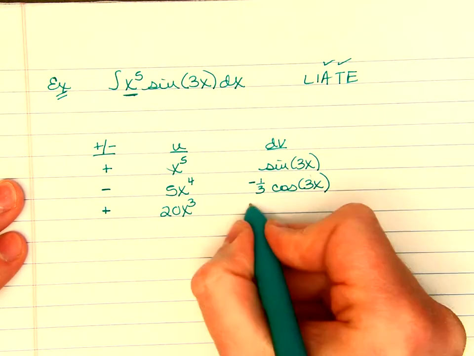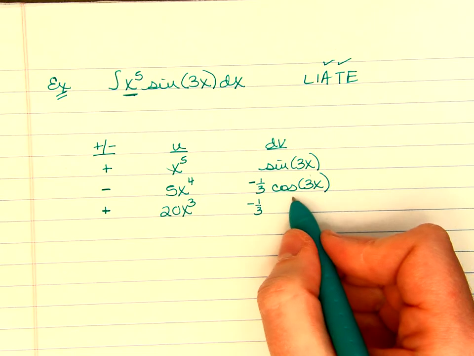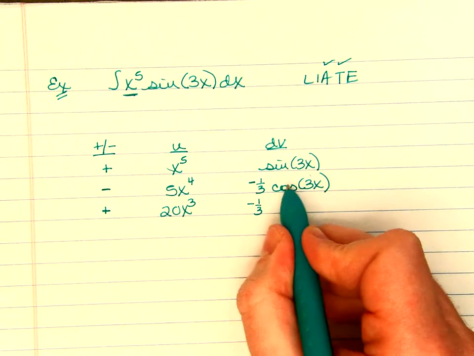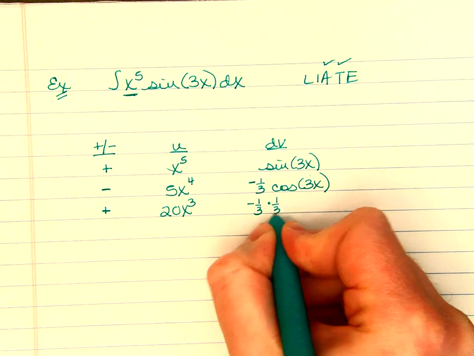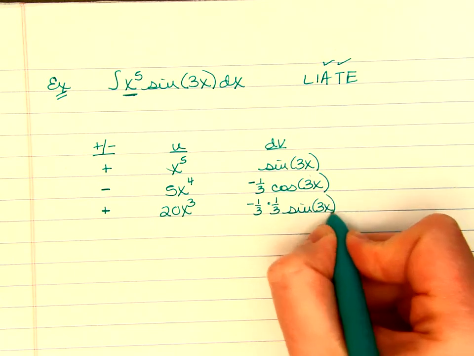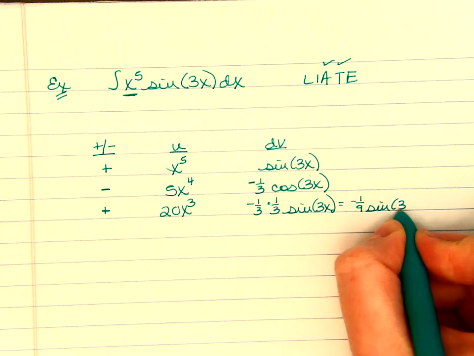Integral of this thing, well, I'm going to leave that 1/3 out front, and I'm going to get another 1/3 from doing a u substitution on the cosine of 3x. And the integral of a cosine is a sine. So I'm going to rewrite it as negative 1/9 sine 3x.